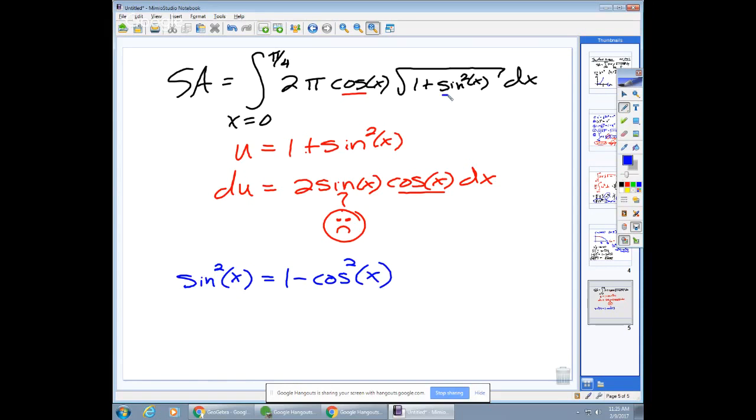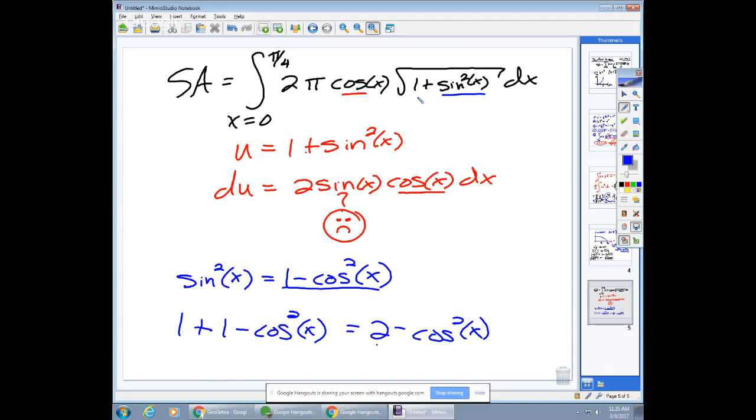And if we replace in there, we would have 1 plus this, which is 1 minus the cosine squared of x, which gives us 2 minus the cosine squared of x, which leaves us slightly worse off, I think, if you consider 2 to be more of a problem than 1 there.